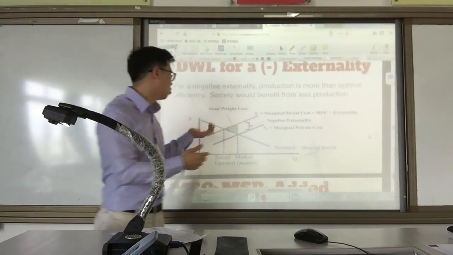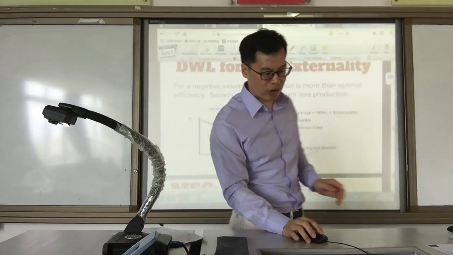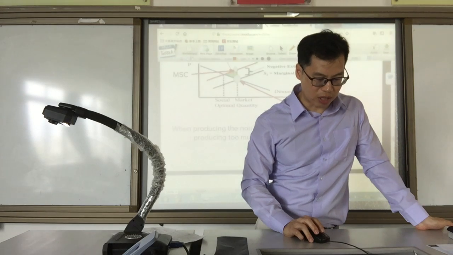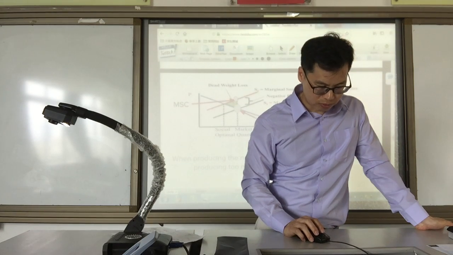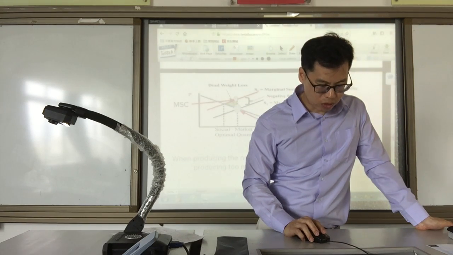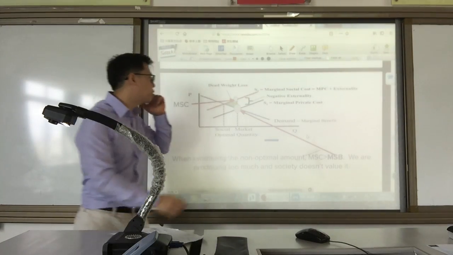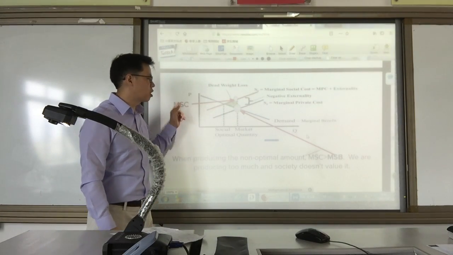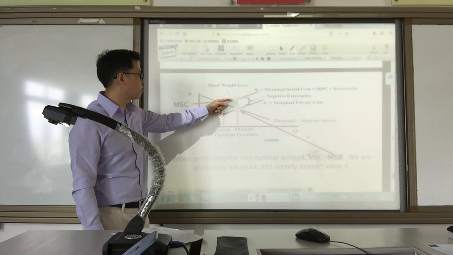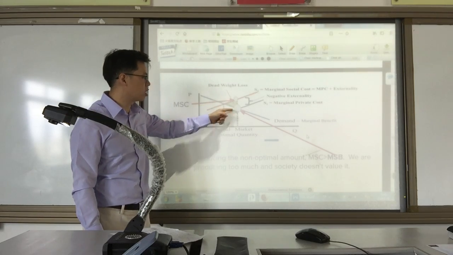Now, let me show you visually how that looks. What do I mean by they're producing something that society doesn't want? Okay, so you can look at this. I can tell it's something that society doesn't want because the MSC is greater than the MSB, right?